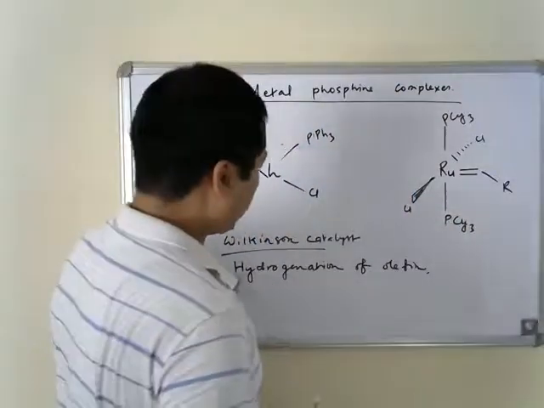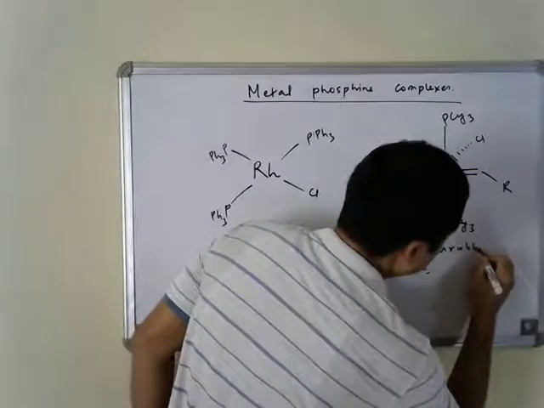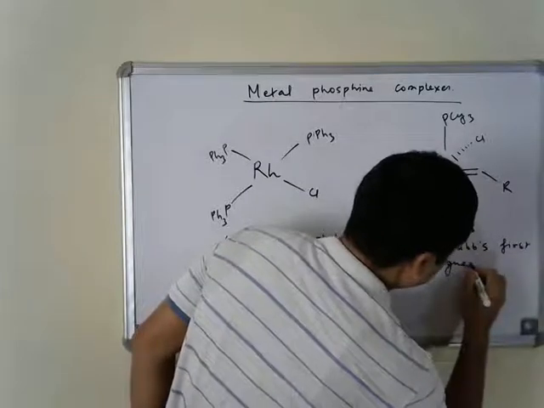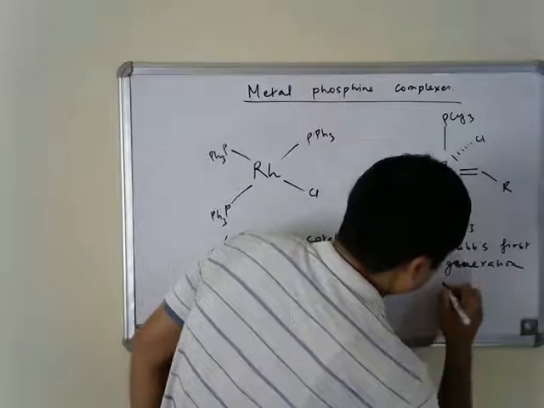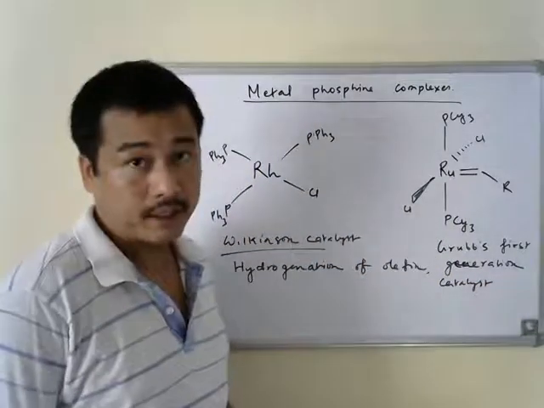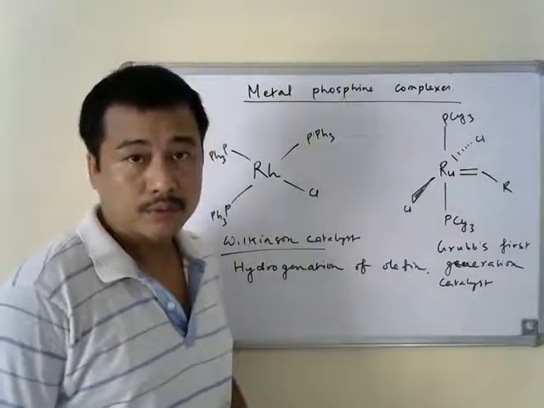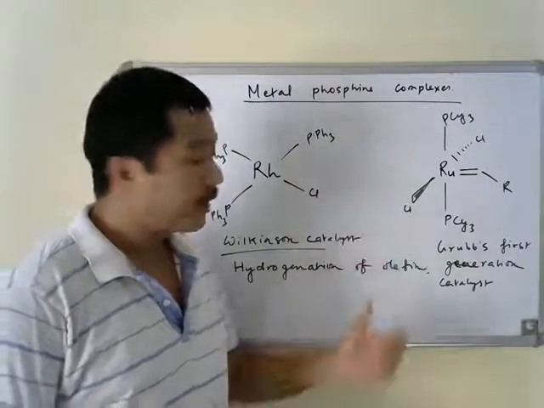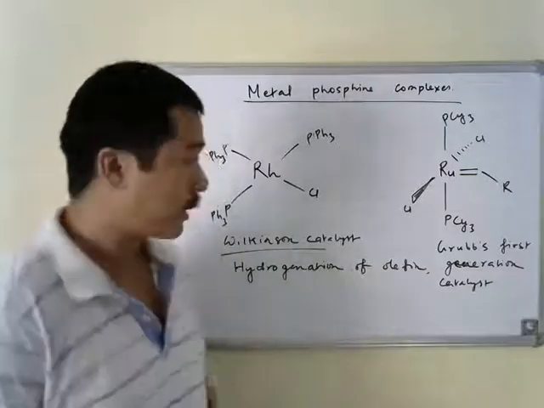This is called the Grubbs first generation catalyst, and it is used as a catalyst in olefin metathesis. In fact, Grubbs was the recipient of the Nobel Prize in Chemistry in the year 2005 for discovery of Grubbs catalysts, which are used as catalysts in olefin metathesis.